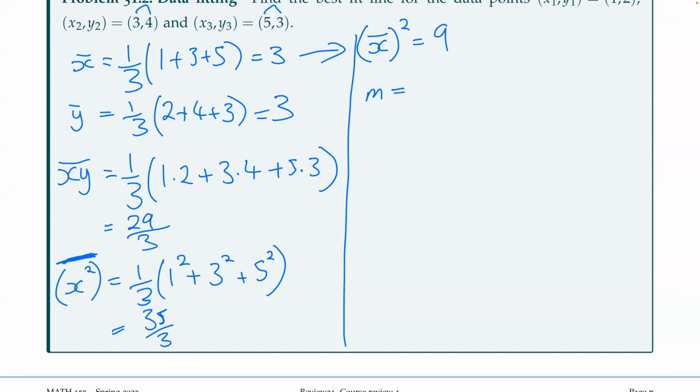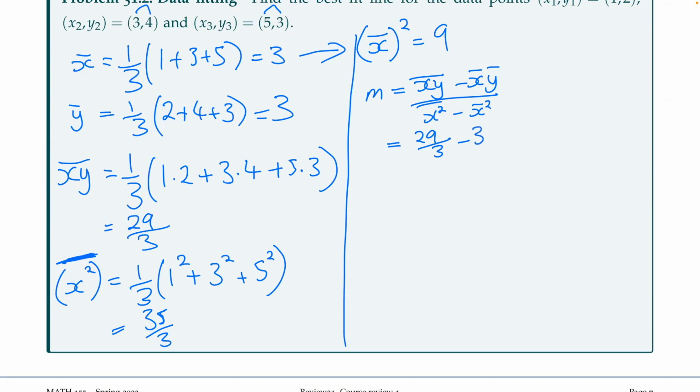How do we work out our gradient? Well, now we've got all of the components we need. We just need to put them into the formula that we're given. So we have xy bar minus x bar times y bar, divided by the mean of the squares minus the square of the mean. In this case, we have 29 over 3 minus x bar times y bar.